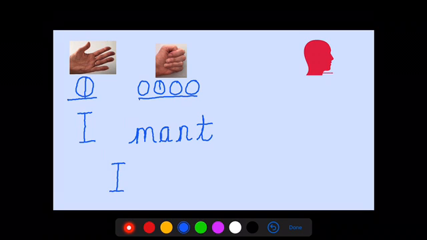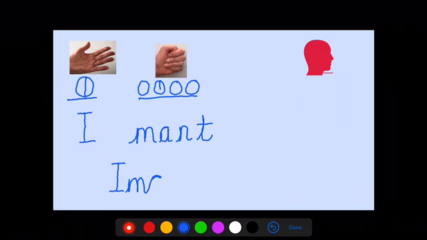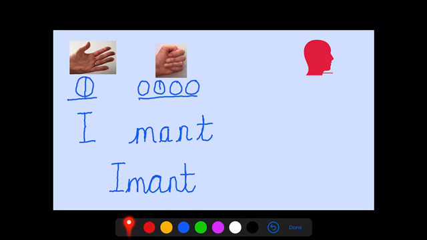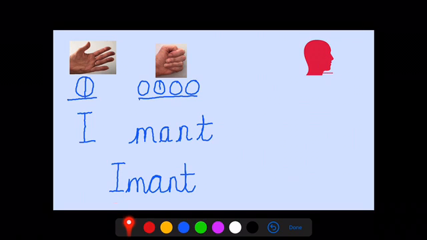And we'll make those letters much closer together so that we know straight away that this is a word. Imant. 2 vowel places. And the syllable is split here. And I know to say I because the letter I is right at the end of a syllable.